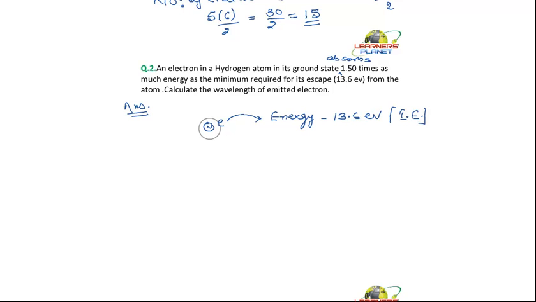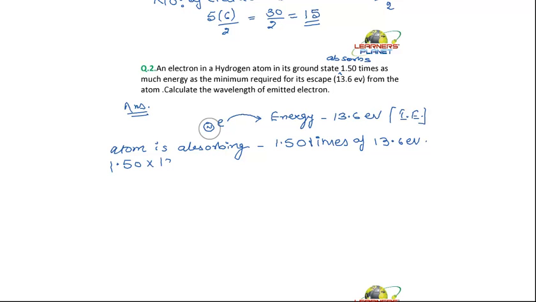Now, what is this hydrogen atom doing? It is absorbing how much energy? 1.50 times. Times of what? Times of 13.6 electron volts. It means how much energy is it absorbing?